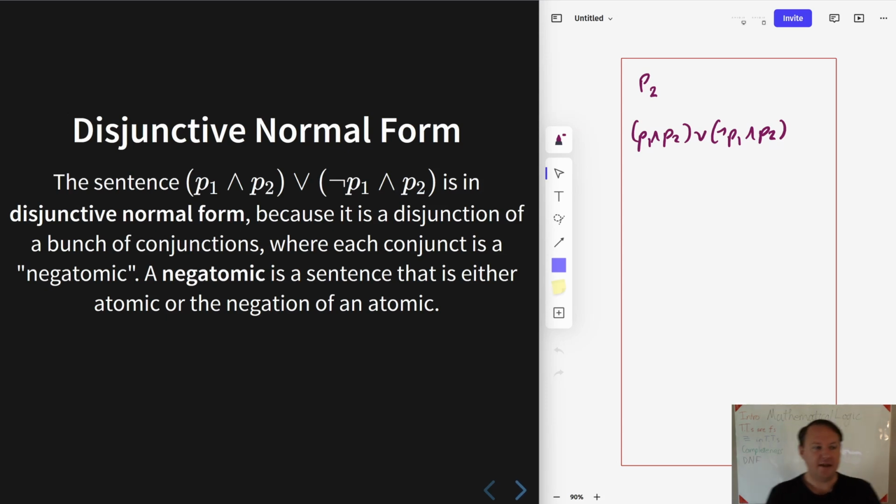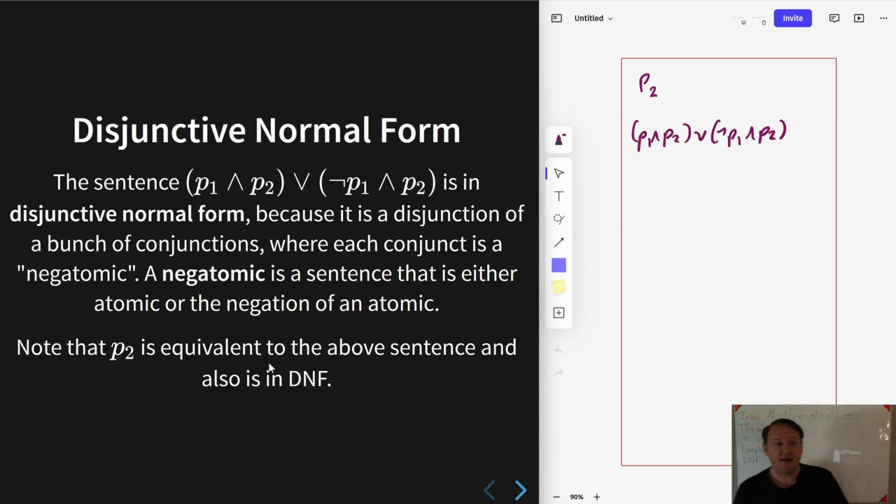And then finally, the conjunction is made up of conjuncts which are negatomics. And negatomics are sentences that are either atomic or negated atomic sentences. So to put it briefly, disjunctive normal form is a disjunction of conjunctions of negatomics.